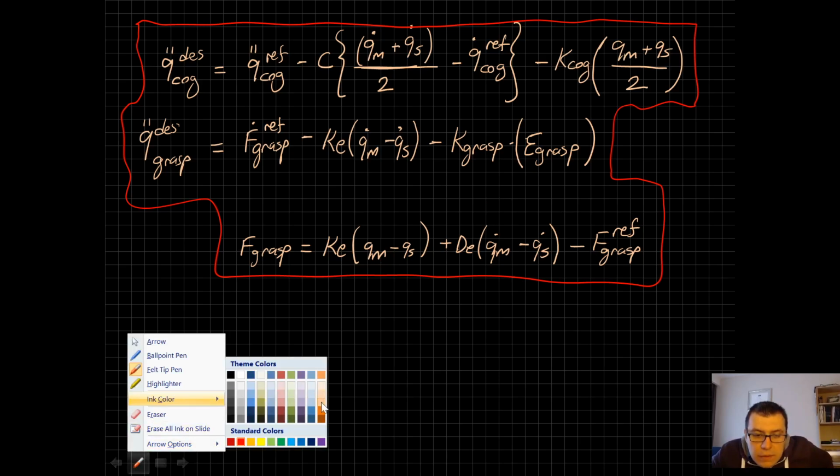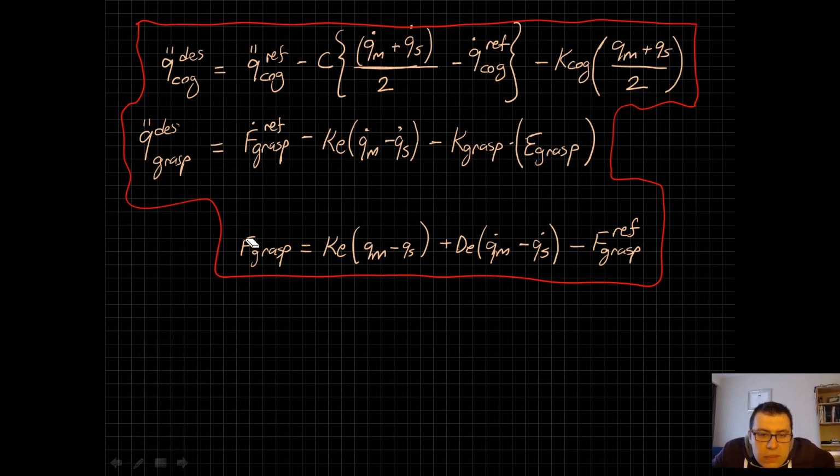I'm sorry for this inconvenience. This is not F at all, it's E. Okay, you have two equations which give you the desired accelerations in the center of gravity and grasping dimensions.